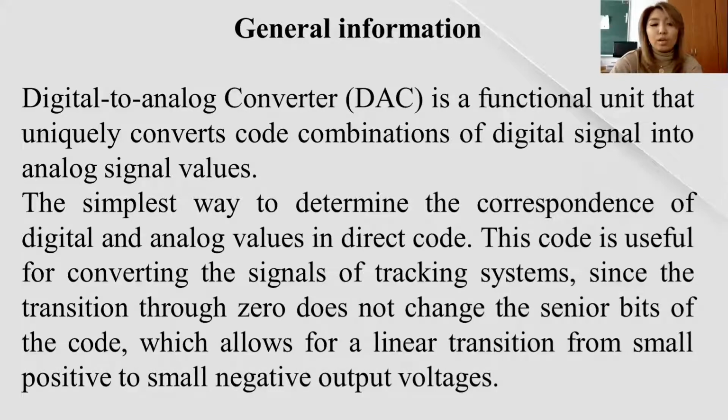This code is useful for converting the signals of tracking systems, since the transition through zero does not change the senior bits of the code, which allows for linear translation from small positive to small negative output voltages.